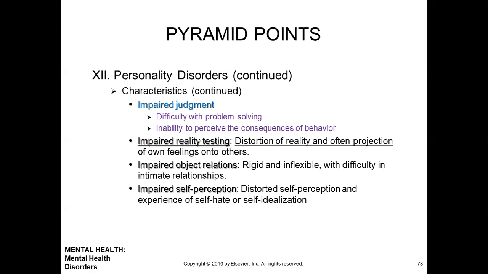So if my character by nature is rigid, not flexible, it would be difficult to continue with my other family members. Difficult, right? In intimate relationships. Impaired self-perception, distorted self-perception, and experience of self-hate or self-idealization.